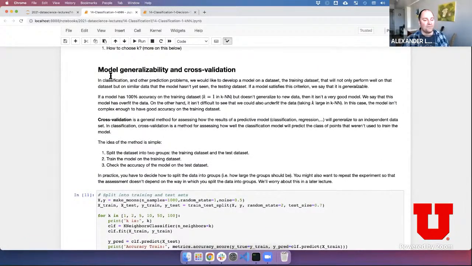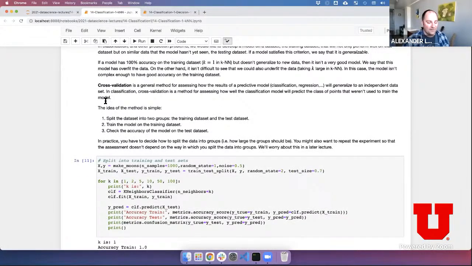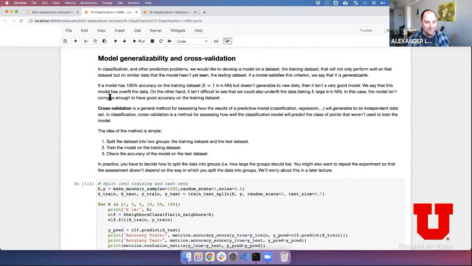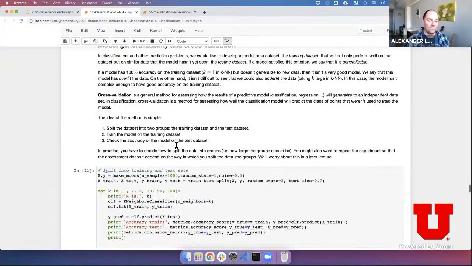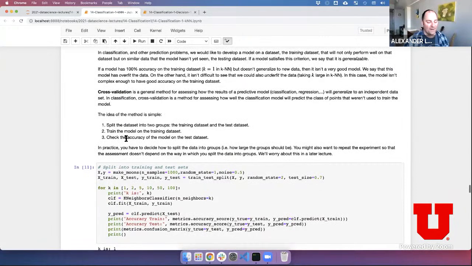Yes. We talked about cross-validation and model generalizability. The idea here is that we want to do splits of our data set so that we can separate a training data set from a test data set, because we want to measure how much we overfit, and if we overfit. You can also use cross-validation to find parameters.